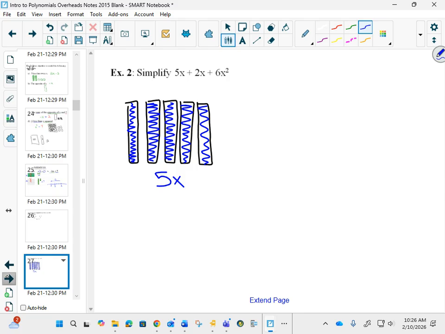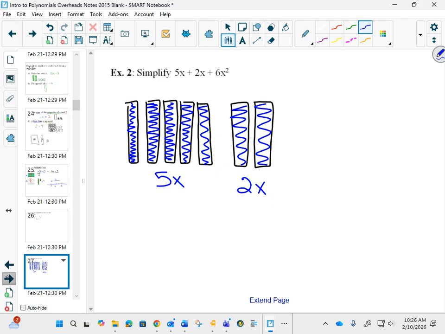And the next thing I have is +2x's. So I'm going to draw 2x's. Do I shade these ones in? Yes. But would it not be the little squares? That's going to be 2x's. The little squares are 1's.